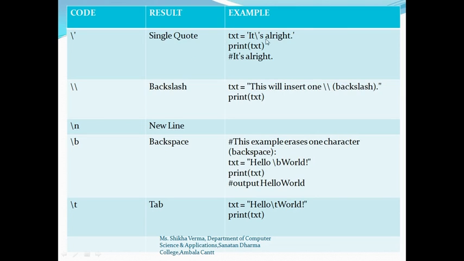For single quote, you just write one single slash like this. Then double backslash, it will insert one backslash. Then new line, for new line you will use slash n. Backspace you will use slash b, and slash t will be used for tab. Like you want a space like tab key, then you just use slash t.